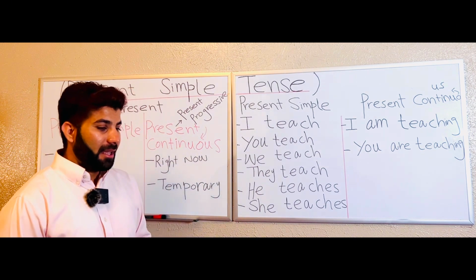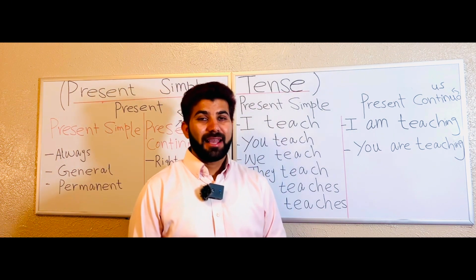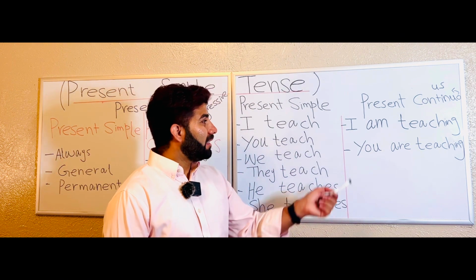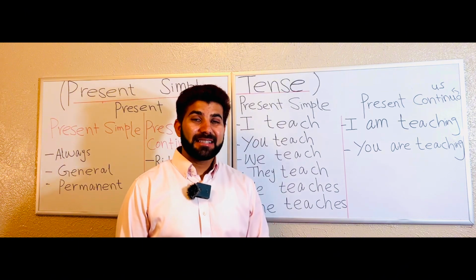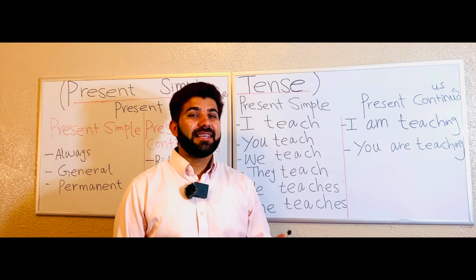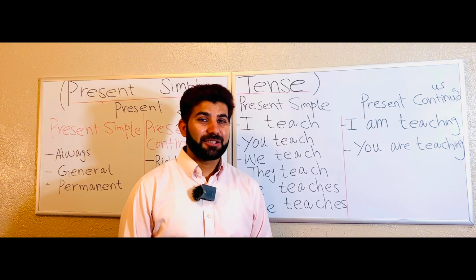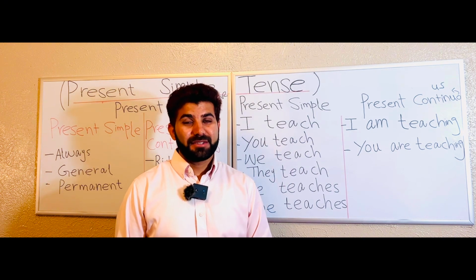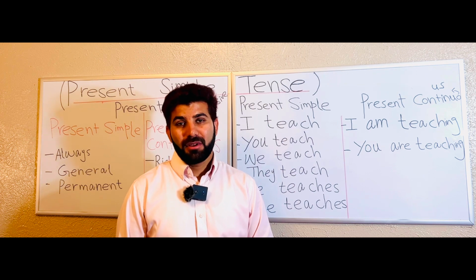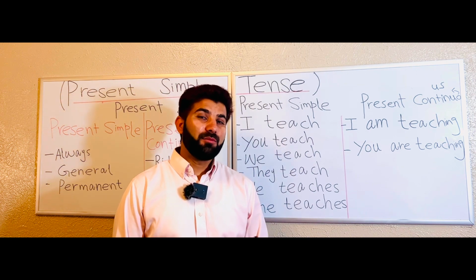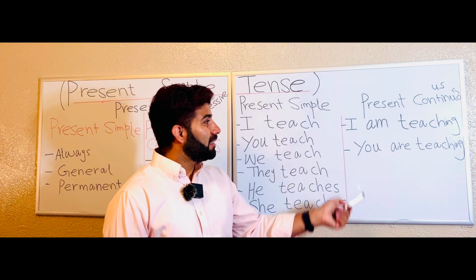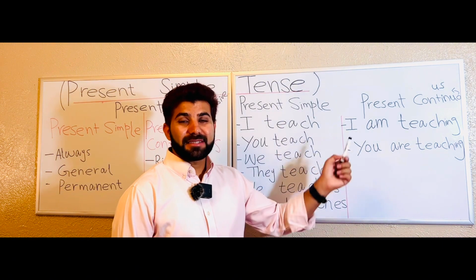But if somebody comes and tells me, oh, I want to teach English, and he starts teaching English, then I will say he is teaching English. It means we don't know about that person, whether that is his job or not. But at the moment when he is doing something, at that time we will use present continuous tense.